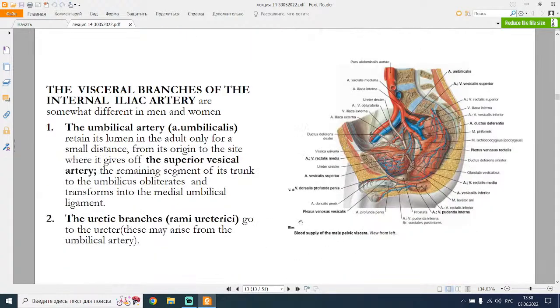Visceral branches of the internal iliac artery are somewhat different in men and women.